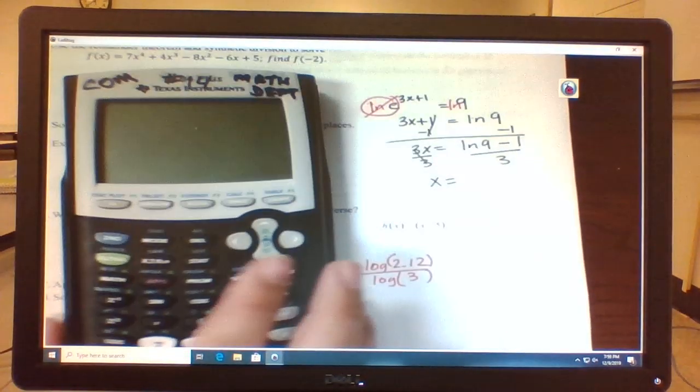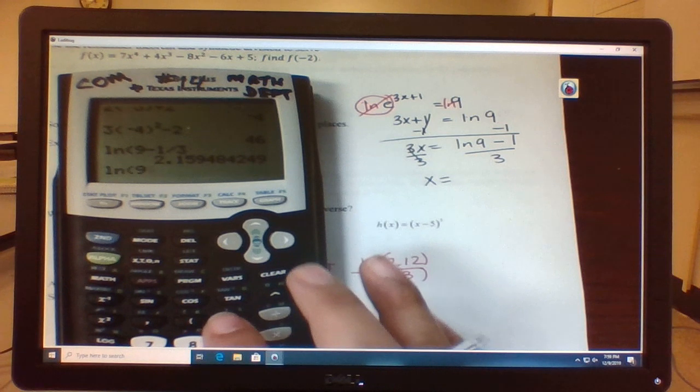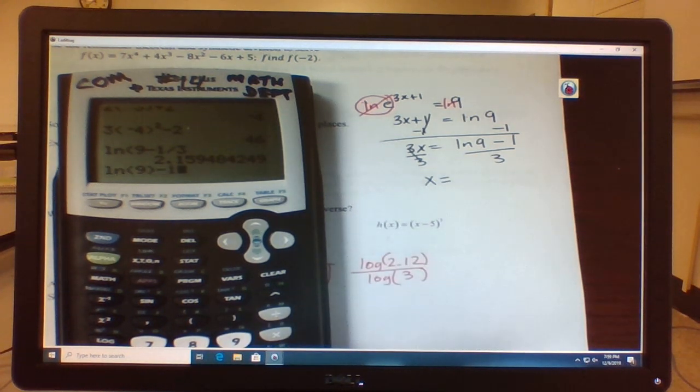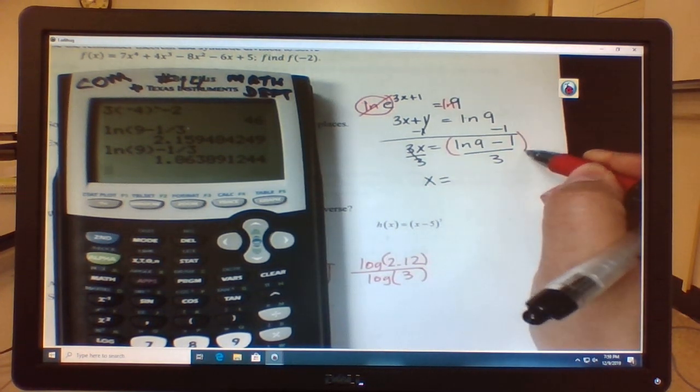So if I get this calculator here and I turn it on and I do ln 9 minus 1 divided by 3, just like that, of course it's going to be the wrong answer. ln 9 close parentheses minus 1 divided by 3, it's still the wrong answer. Because what am I missing? The whole top needs to be in parentheses.